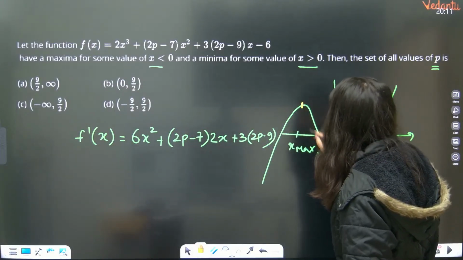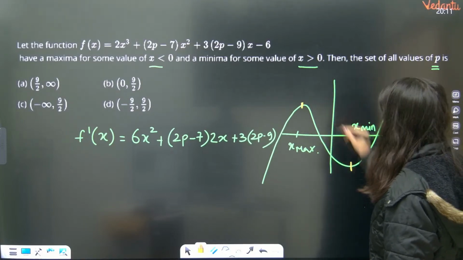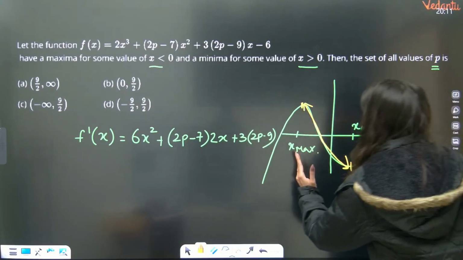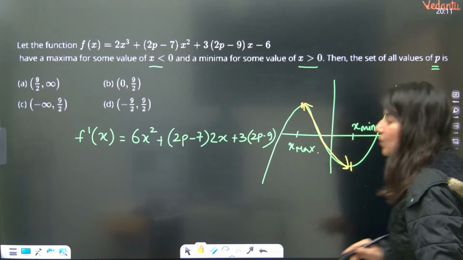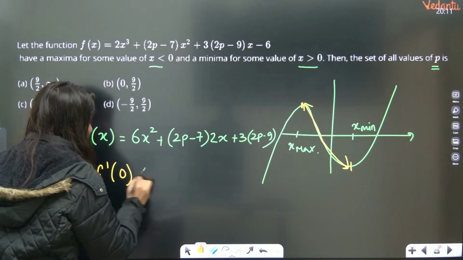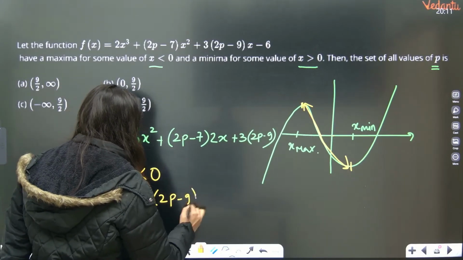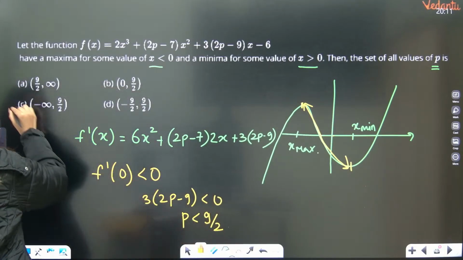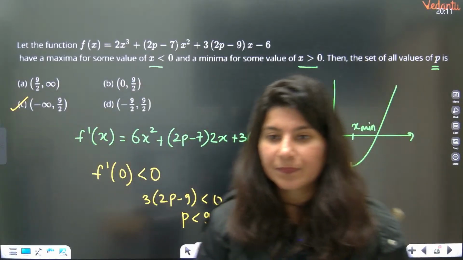From negative x to positive x, your function is continuously decreasing. Are you understanding my point? So at x equals 0, your function is decreasing. That means f dash 0 should be less than 0. So f dash 0 is what? 3 times (2p minus 9) should be less than 0. So p is less than 9 by 2. P less than 9 by 2 is option C. Option C is absolutely right. Okay. Clear?